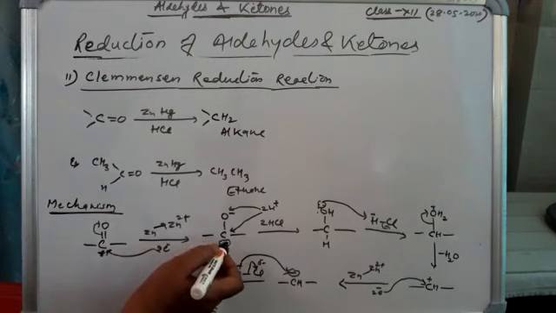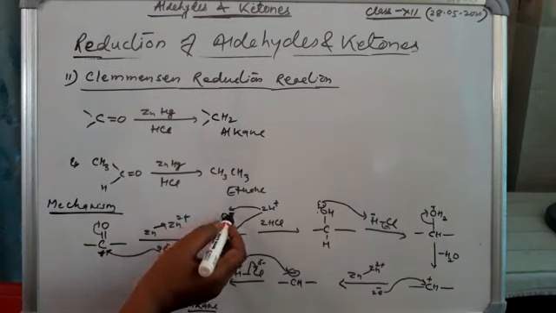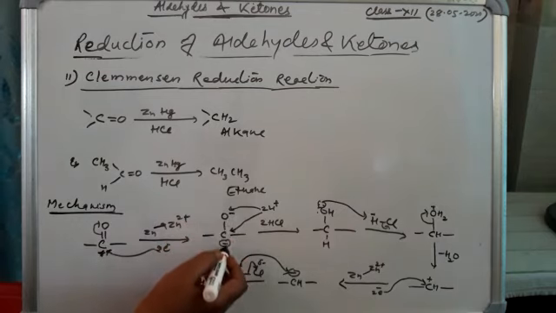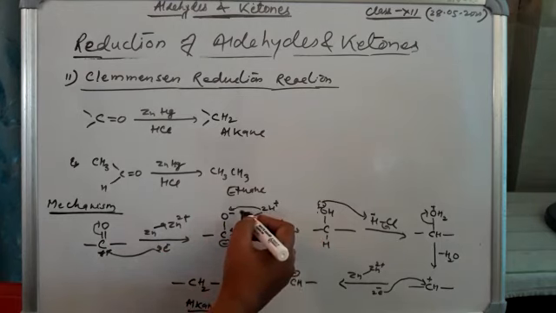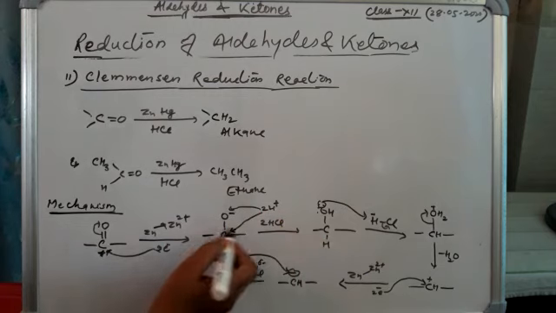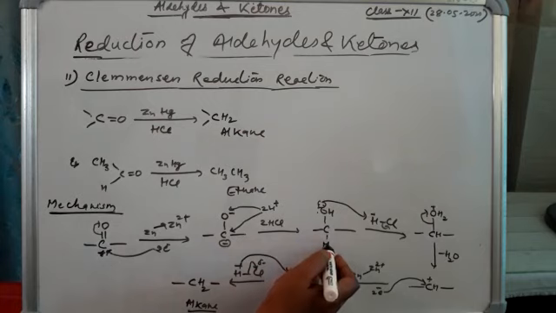Carbon appears with a negative charge, oxygen also appears with a negative charge. To disperse this charge, hydrogen chloride gives its 2 H+ ions, 1 to the oxygen, 1 to the carbon. So here the C-OH bond and C-H form.